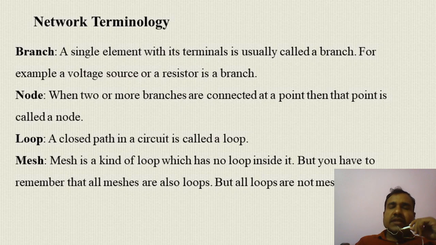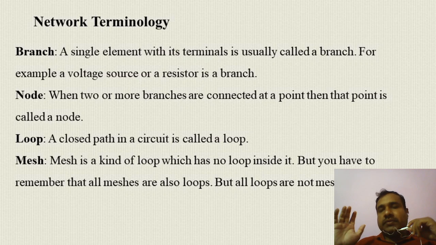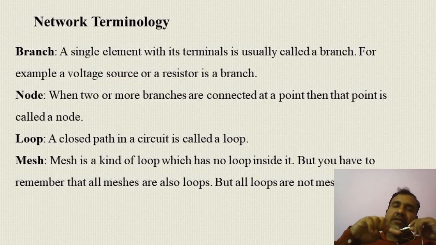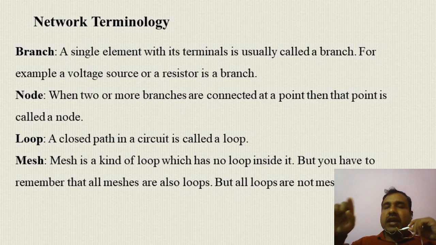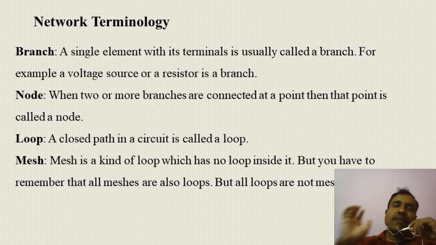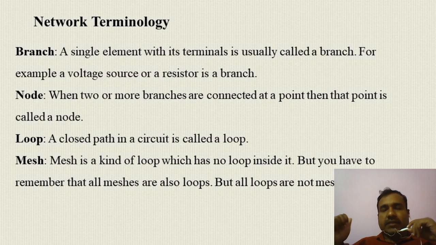Loop is any circular path or any closed path in the network. Closed path means you start from a point, traverse through the network and come back to the same point. That can be termed as a loop.